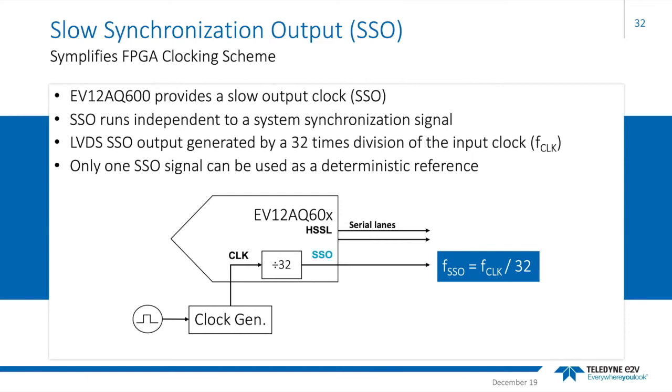When applying this signal in a multi-device environment, only one ADC's SSO clock can be used as a deterministic reference clock. In the following few slides, I'll show you how to use this SSO clock to simplify generating the frame clock reference signal for the FPGA that we've previously discussed.